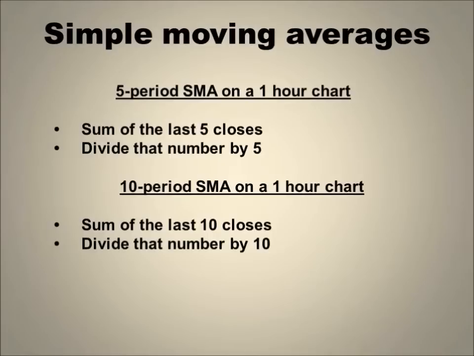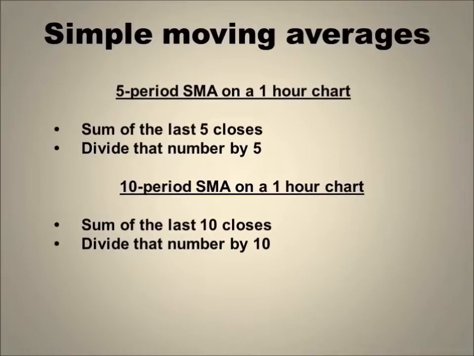For example, if we wanted to look at a 5-period SMA, we take the closing volumes of the last 5 trading sessions. Then we add the sum. Then we divide that number by 5. That gives us the 5-period SMA.